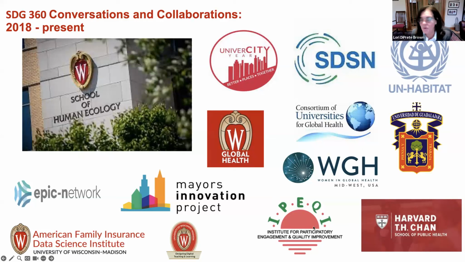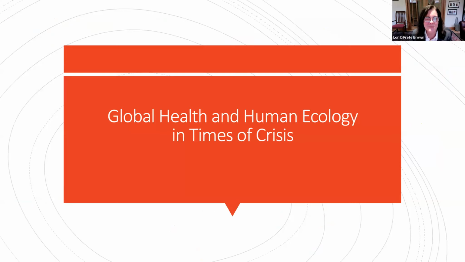The IPEC group from Malawi has been part of this conversation, and they're partners of mine. Universities such as the University of Guadalajara, the Harvard School of Public Health, UW-Madison, Consortium of Universities of Global Health, and the Women in Global Health. So all of these thought partners, EPIC Network, as well as the Mayor's Innovation Project and the UN Habitat as well. Here you have a picture of my school, the School of Human Ecology at UW-Madison, because they provided a lot of the frameworks and resources as well.